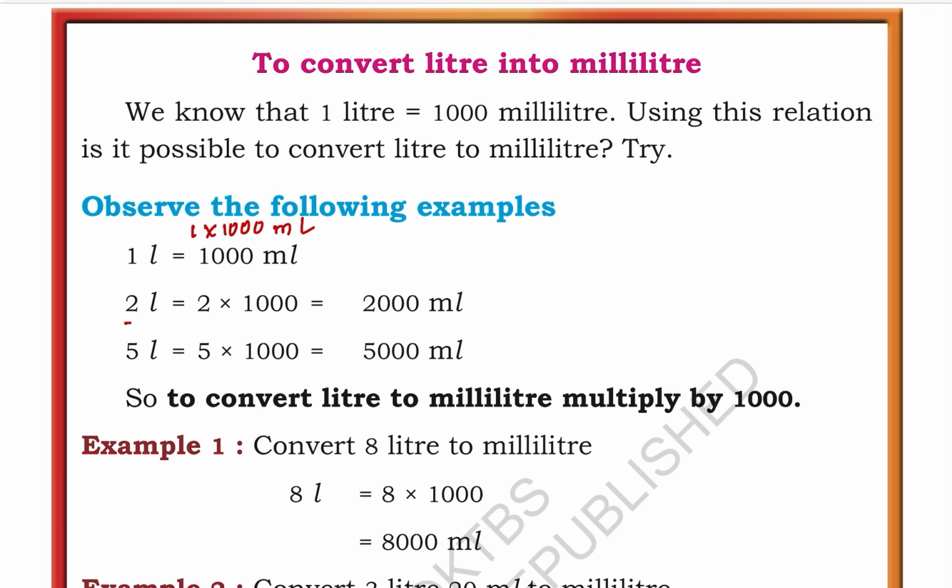If you want to convert from a higher unit, that is liter, to a lower unit, that is milliliter, you have to multiply the given number of liters by 1000 to convert it into a smaller unit, which is milliliter. Don't get confused. I am repeating this statement another time.